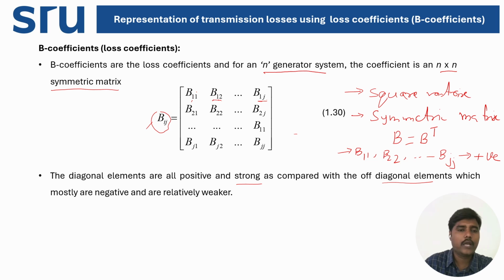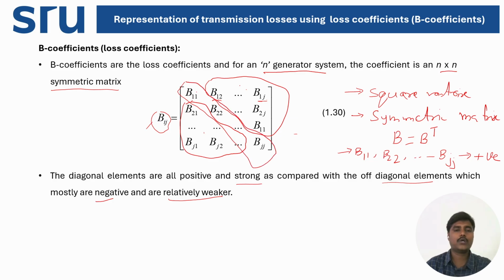The off diagonal elements, B21 up to Bj1, and similarly the upper off diagonal elements, are mostly negative and relatively weaker compared to the diagonal elements. These are some of the characteristics of this loss coefficient matrix.